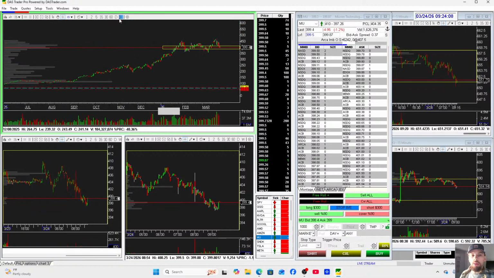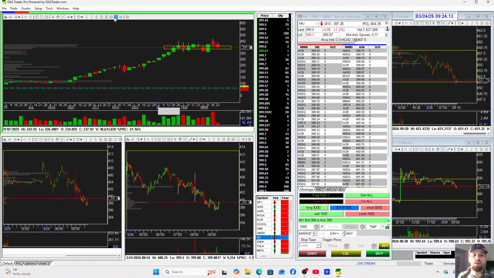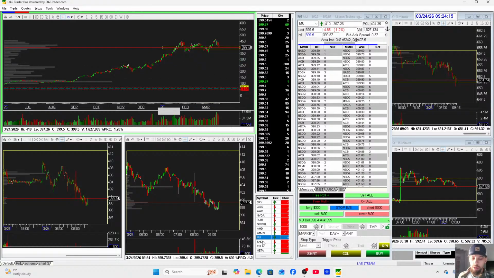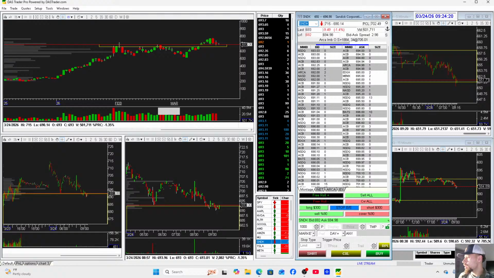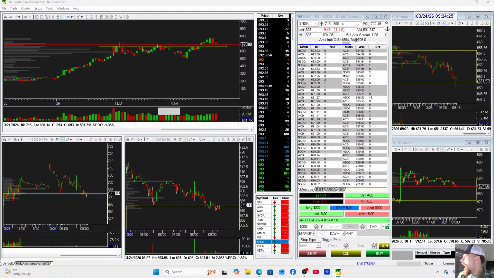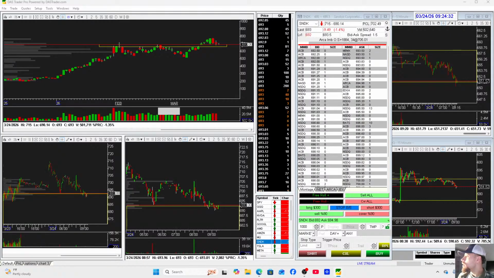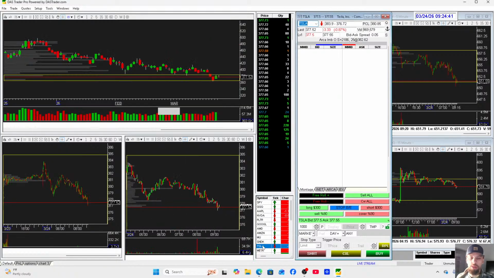It's not really something I'm interested in at the moment. SanDisk, SNDK, that one is interesting to me. Right now it's testing that area of support. So it'll be interesting to see what SanDisk does.